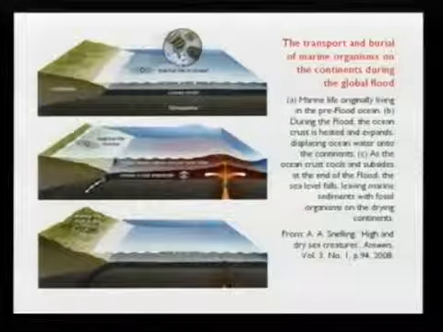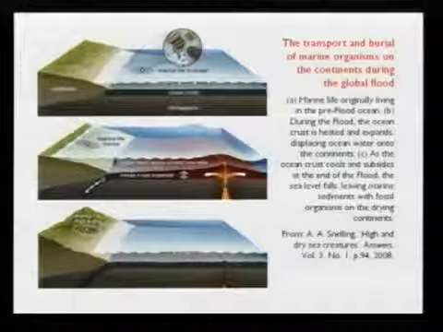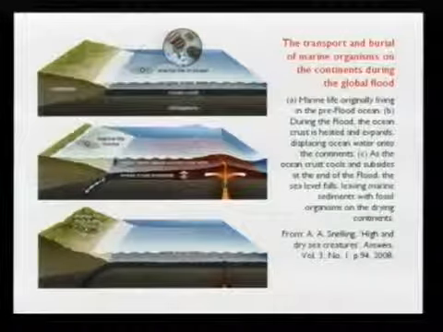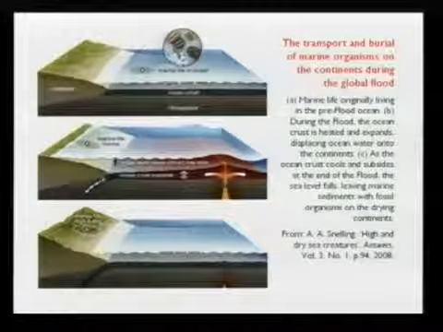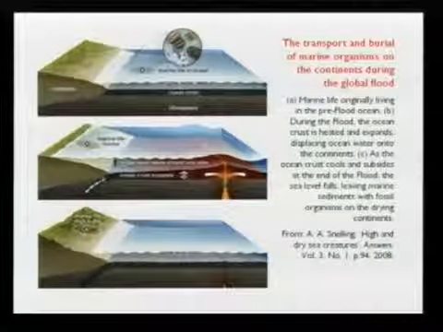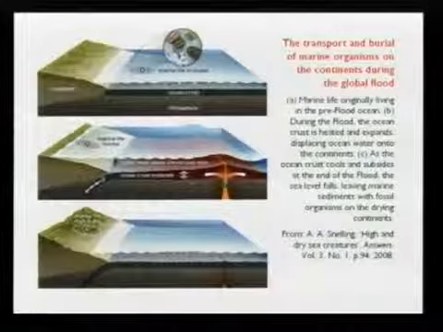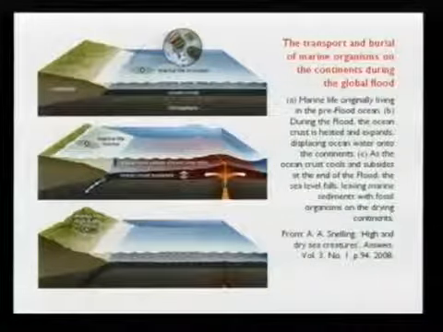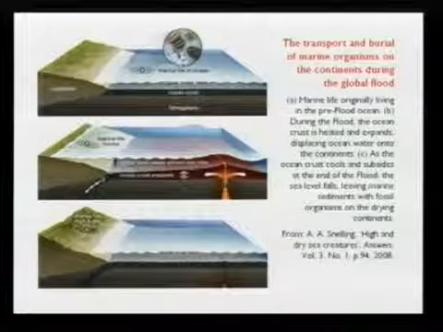Now, I want to suggest that the Bible's account of the global flood suggests an answer. You see, according to Genesis chapter 7 and verse 11, the flood began with what the text says was the breaking up of the fountains of the great deep. And a careful study of the Hebrew text suggests that this passage is speaking about springs or fountains of water that are erupting in the ocean depths.